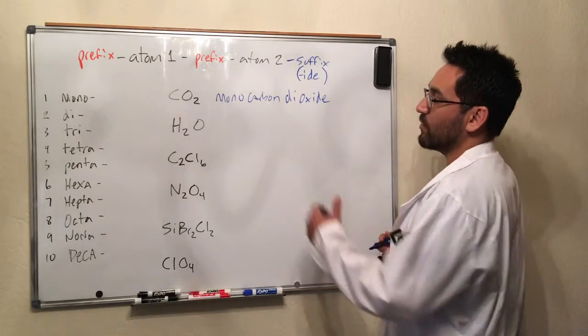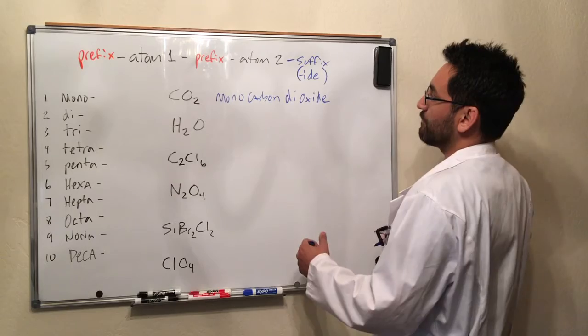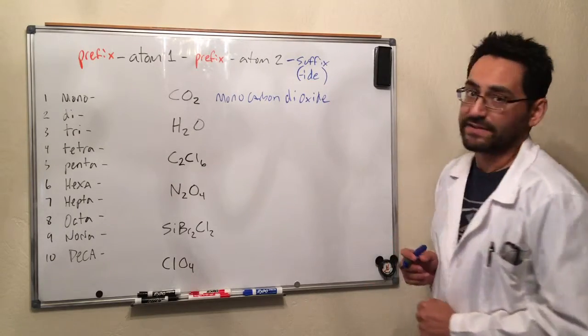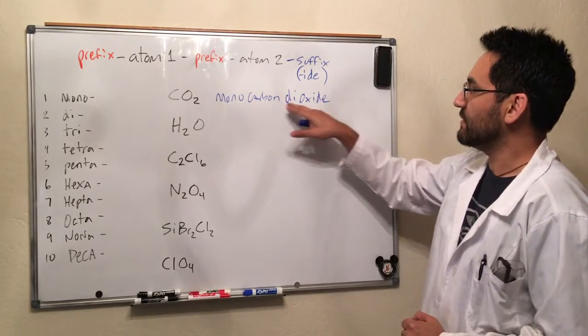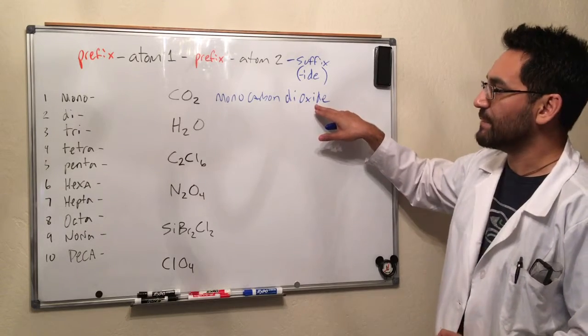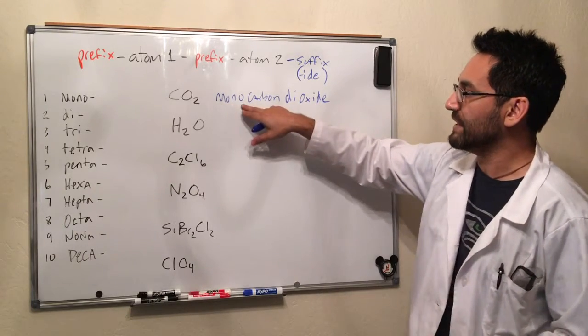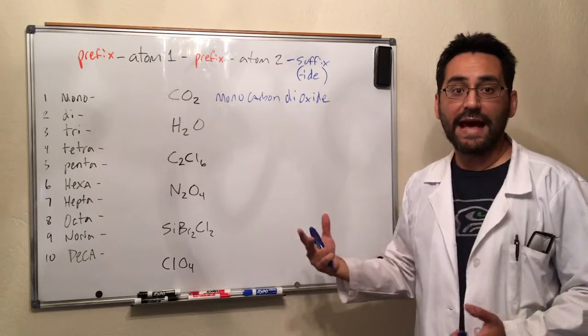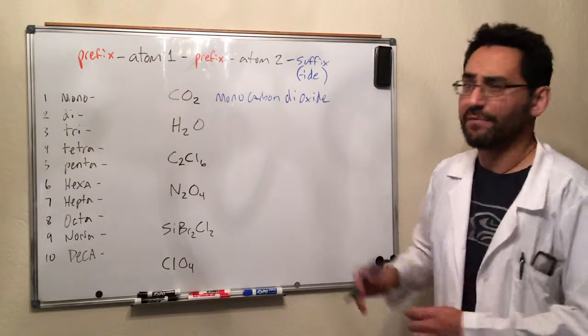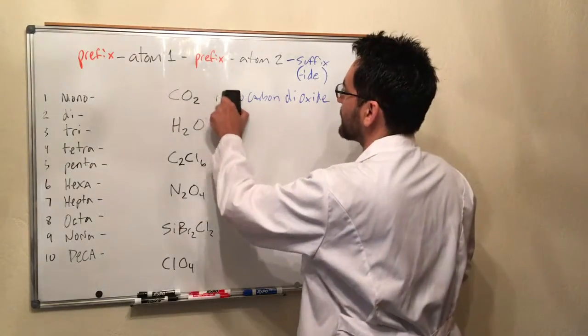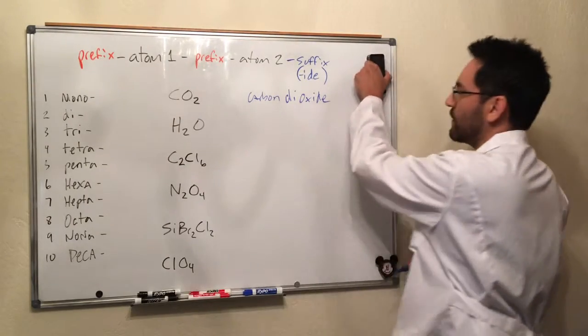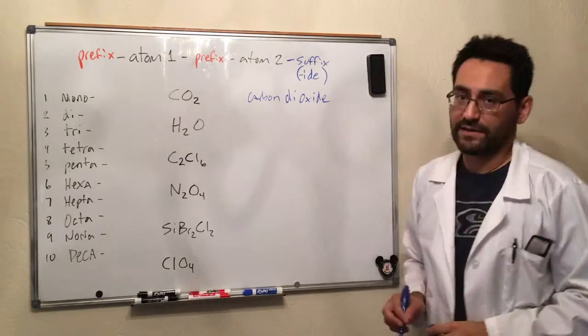So the second atom, or the last atom, gets this suffix "ide." So monocarbon dioxide. Now typically when the first atom is mono, we usually drop that. So we can actually erase mono. So this would be just carbon dioxide.